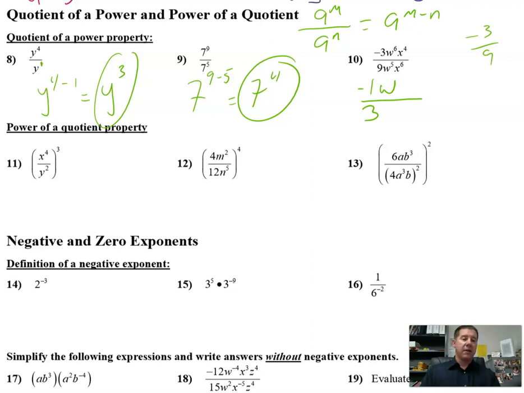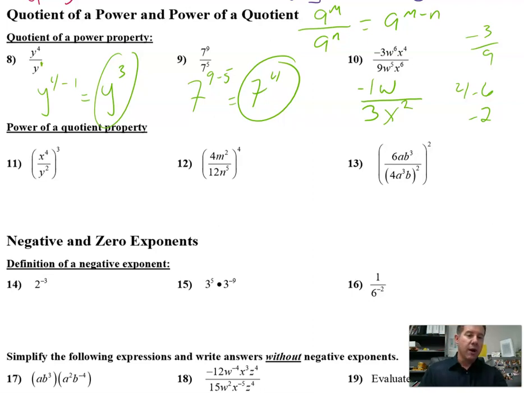On the next one here, 4 minus 6. If I always do top minus the bottom, 4 minus 6 is negative 2. So the fact that it's negative tells me to put it on the bottom. There's a power we're going to talk about down below, but when I put it on the bottom, I put a positive number.